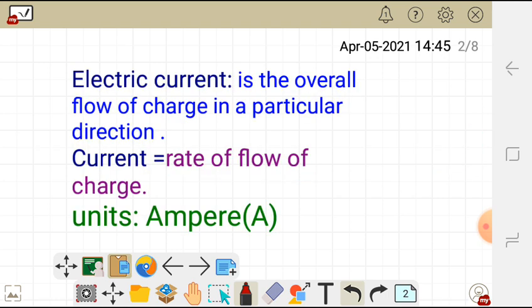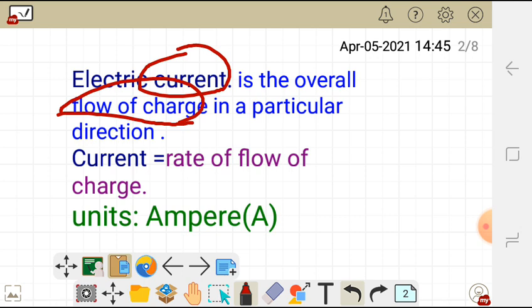Electric current is the overall flow of charges in a particular direction. So the flow of charges in a particular direction is what we call electric current. Or what is the definition of the term current only?